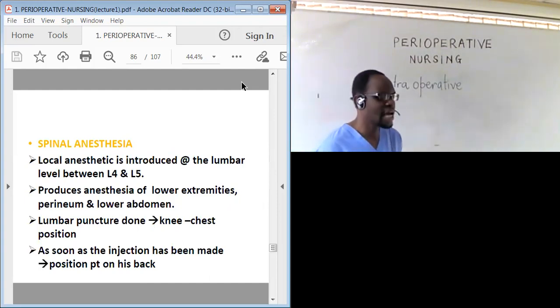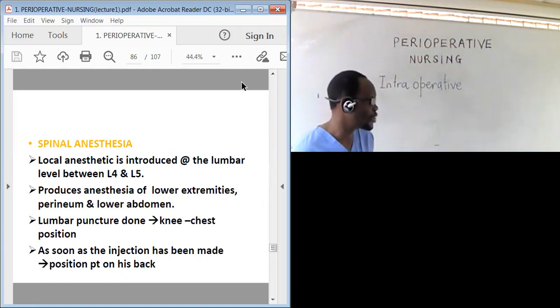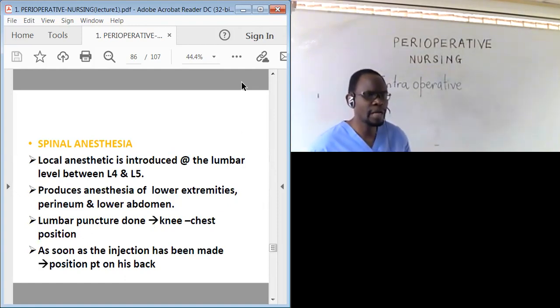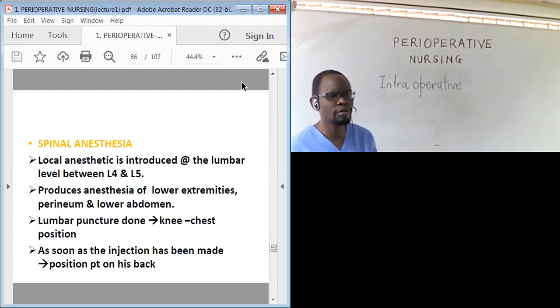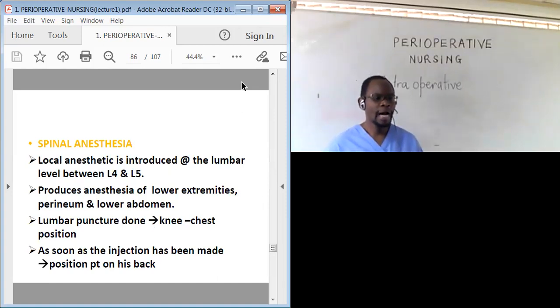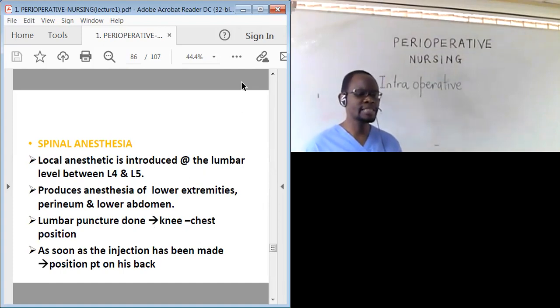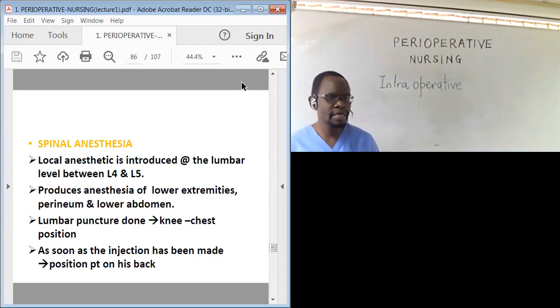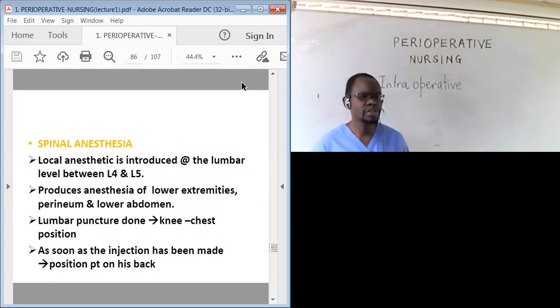Usually, the anesthesia is introduced between the lumbar vertebrae L3 and L5, or sometimes L3, L4. It produces anesthesia in the lower extremities. Of course, the patient should be placed in a sitting position for us to introduce this anesthesia. And as soon as the injection has been made, we need to position the patient on their back.